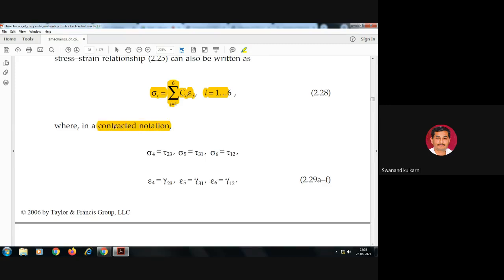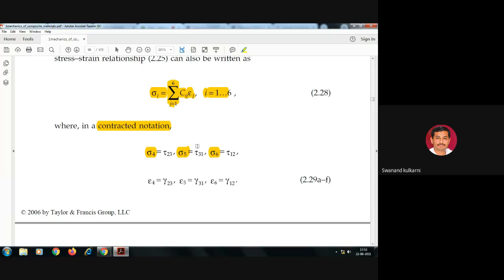Is it okay? So some contracted notations are used here. We should understand the meaning of contracted notation. What do you mean by contracted notation? Earlier we have used this tau shear stress 23, 31, 12, but now we are using the contracted notations as sigma 4, sigma 5 and sigma 6.